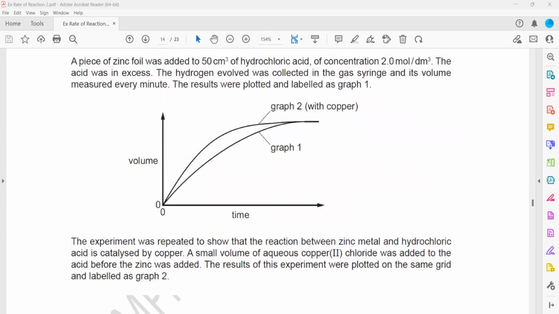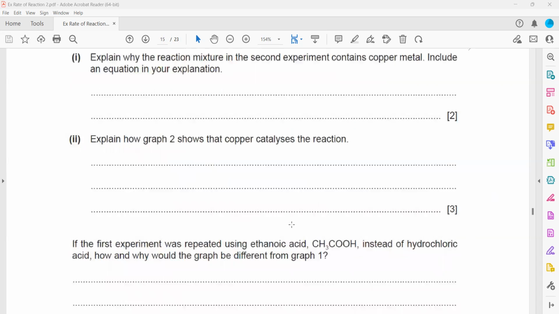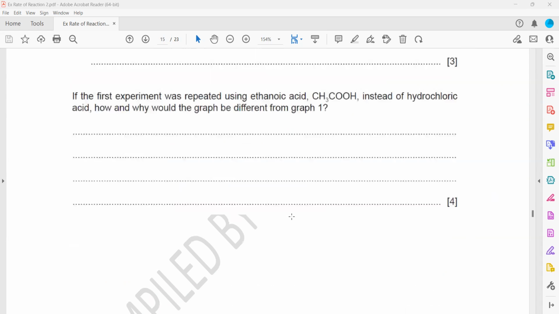So graph 2 with the copper is much steeper, which means the rate is faster. And one thing you have to mention, the final amount does not change. The final amount of product is the same. If the final amount is different, then the substance cannot be a catalyst, because catalysts cannot alter the amount of the product. They can only alter the rate of the reaction. So 3 points you will include: steeper slope, shows faster rate, and the final amount of gas does not change.